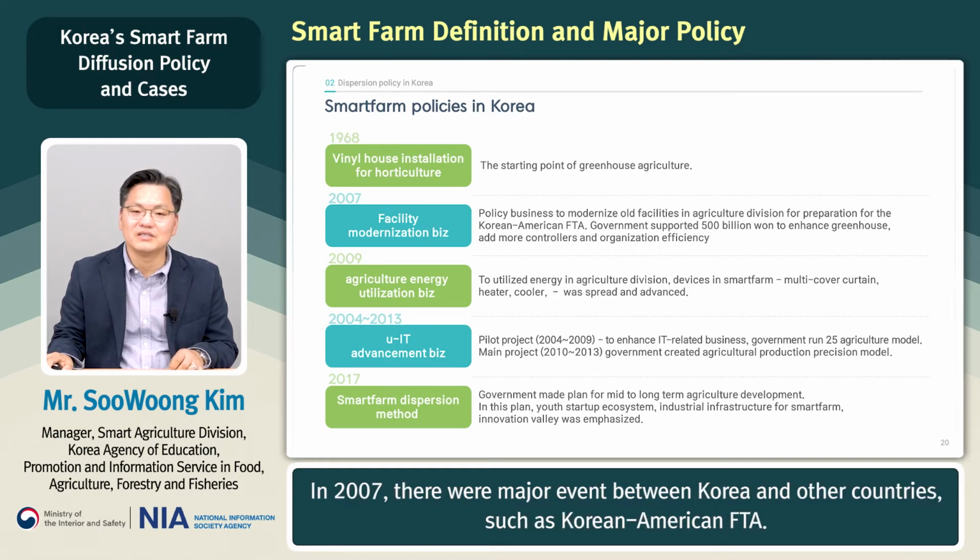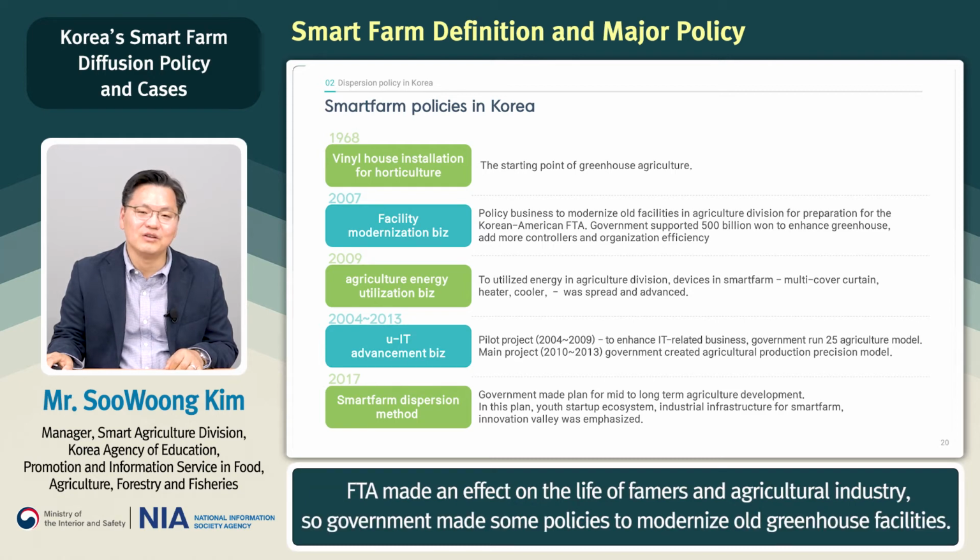In 2007, there were major events between Korea and other countries, such as the Korean-American FTA. The FTA affected the lives of farmers and agriculture industries, so the government made a policy to modernize all the greenhouse facilities.